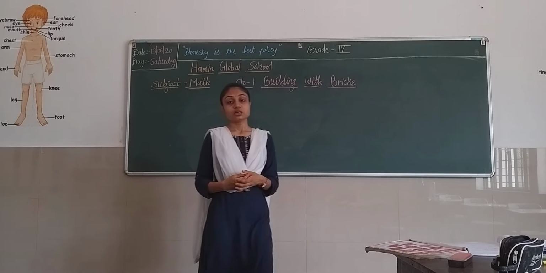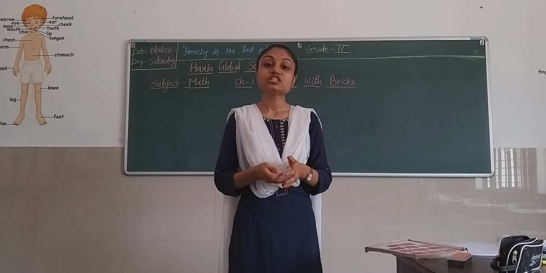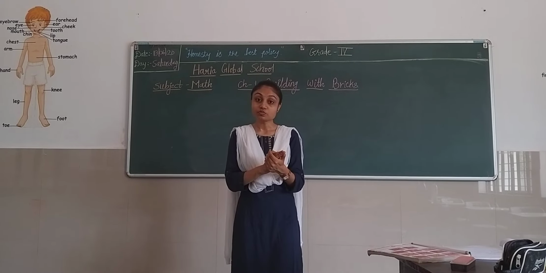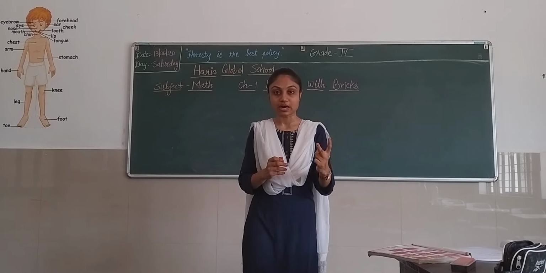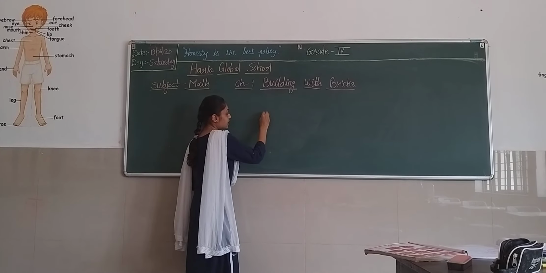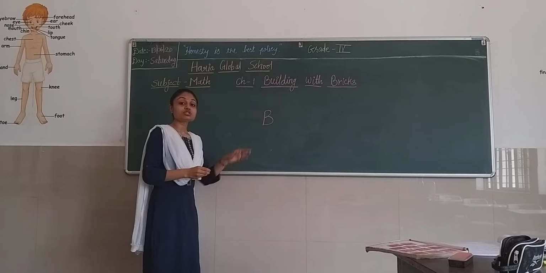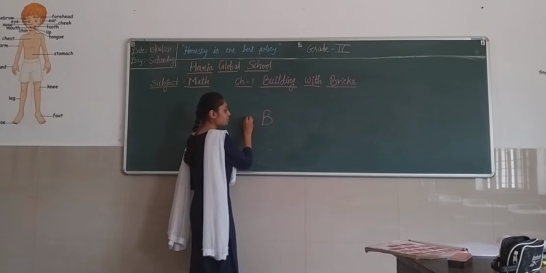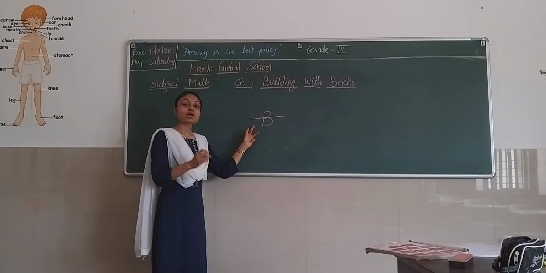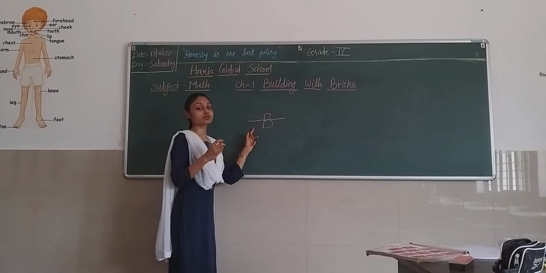Symmetry means the pattern or the shape or the object which we can divide into two equal parts, two equal halves. If I have the letter B and I want to divide this letter B into equal parts, what do I do? I divide it from the middle, so I get two equal parts.